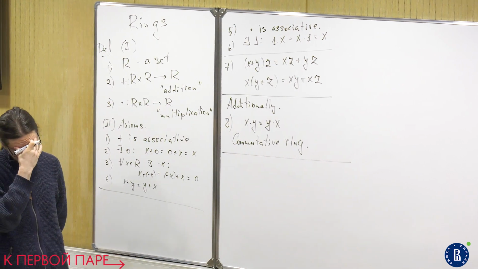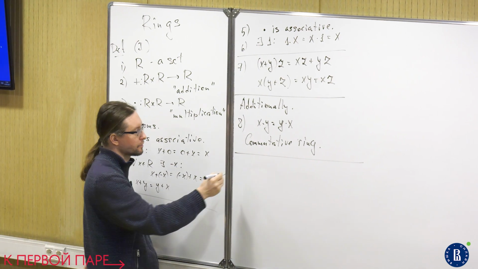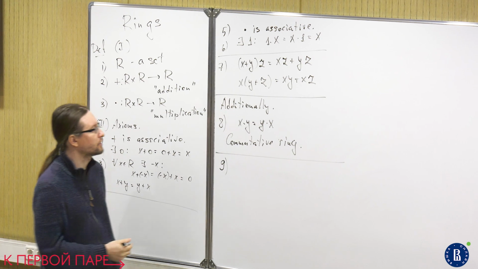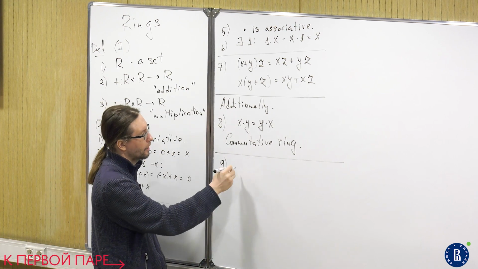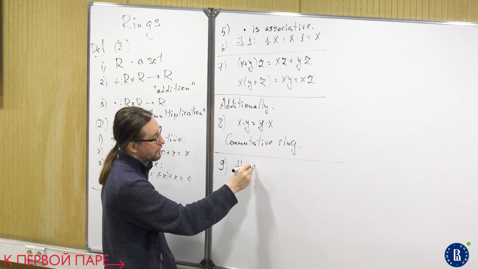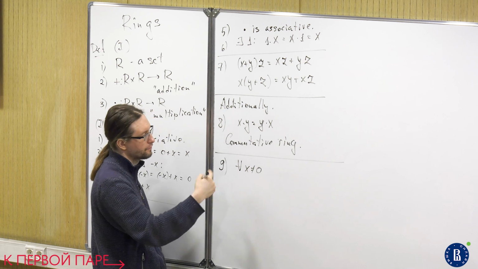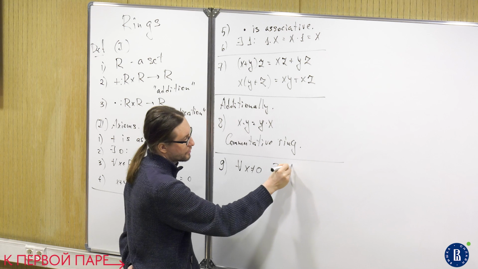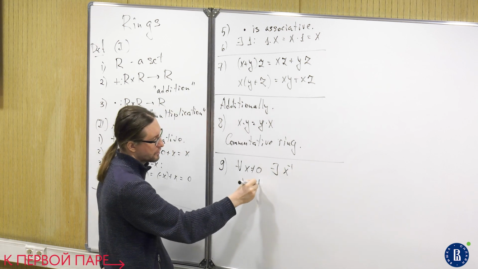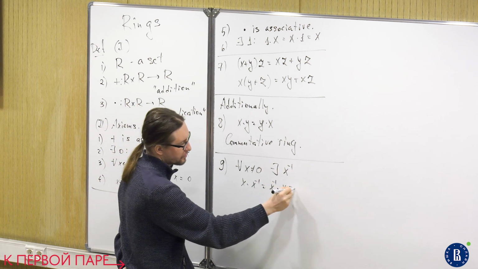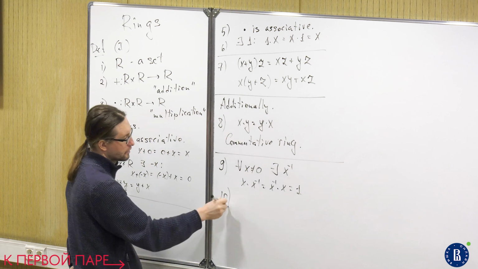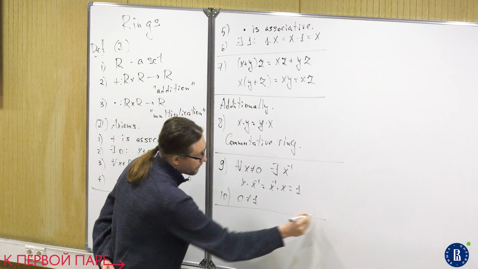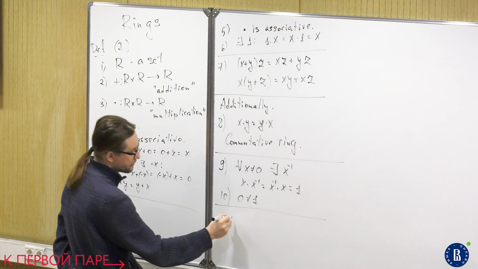And if we add 2 more axioms, axiom number 9, which says that every non-zero x is invertible with respect to multiplication, there is x inverse such that x times x inverse equals x inverse times x equals 1, and 0 is not equal to 1, then we will say that R is a field.